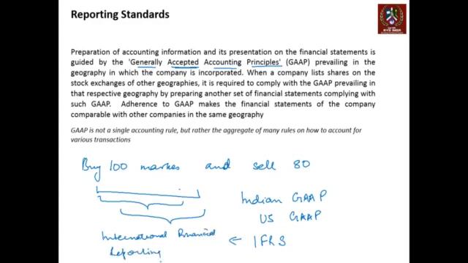What is the use of this? Each country may have different accounting standards, and in a globalized world, if you have a company operating across multiple geographies, it becomes difficult to compare it to different multinational companies, right? So for example, let's take something like Procter and Gamble.